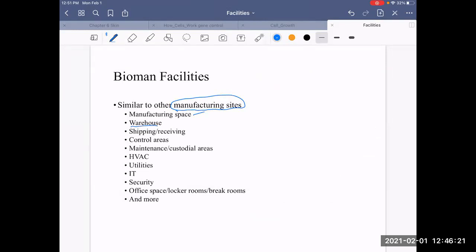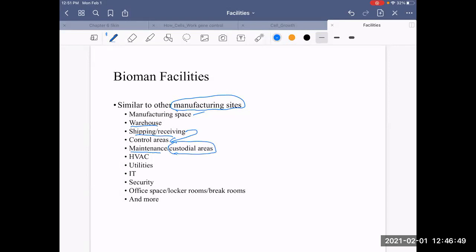They have the warehouse where they're going to store the raw materials, the shipping and the receiving. And then they're going to actually have controls to make sure that the materials that they're receiving are going to do the job that they need to do, that they're approved and they meet the quality that they need to have. There's going to be maintenance and custodial areas.